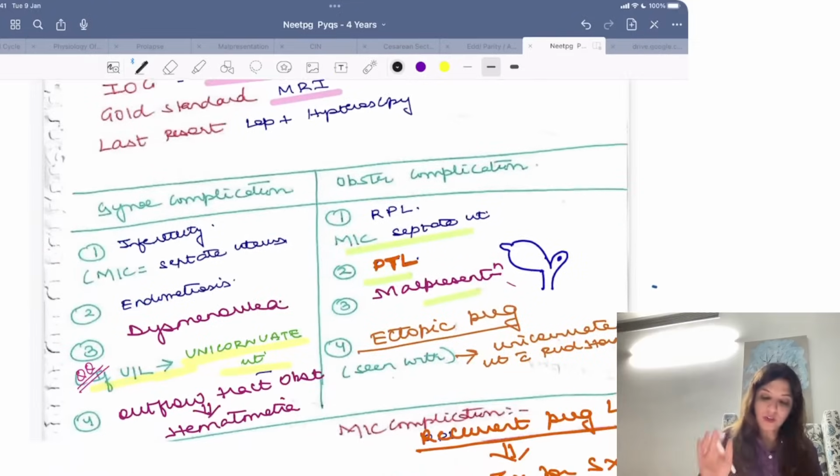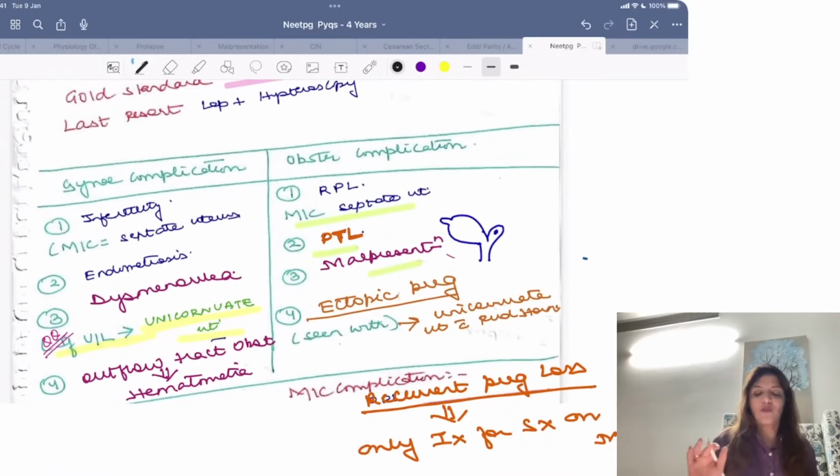Clear? Okay. Very important thing which I want all of you to note is what are the gynae complications and what are the obstetrical complications which you can get in case of Mullerian malformations. Gynae complication which you can get is infertility. Infertility is most commonly seen with septate uterus.